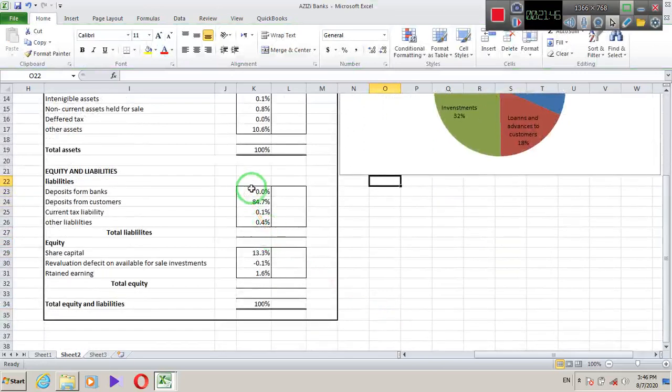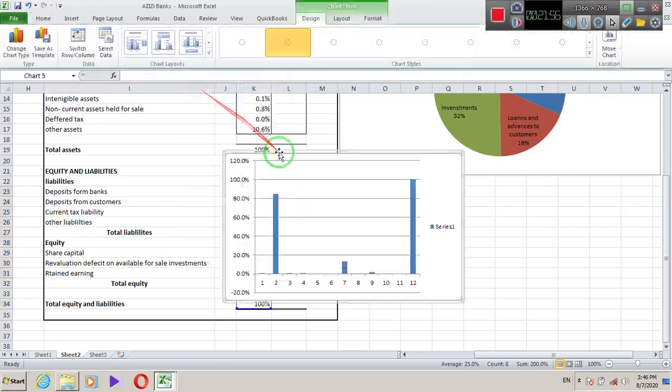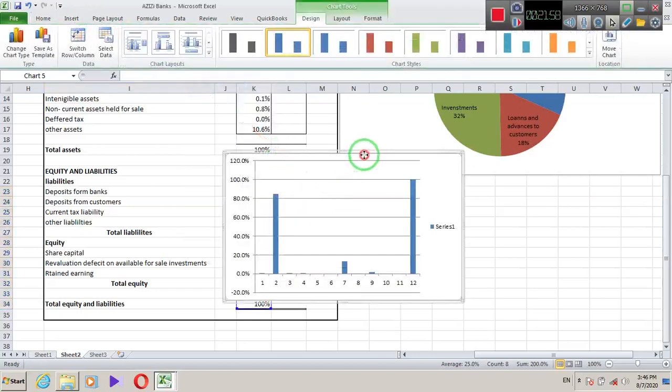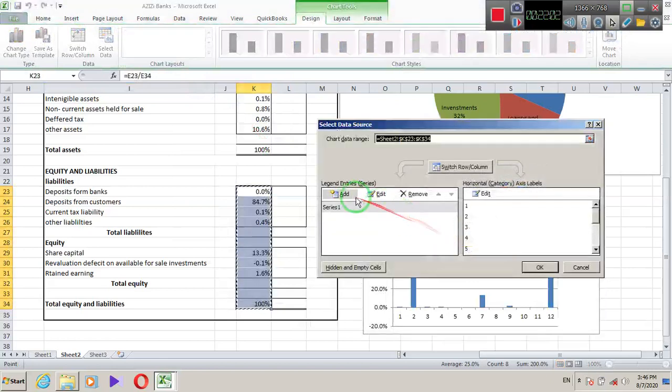Now for liability, we are going to insert a column chart, this one, and select data, edit.